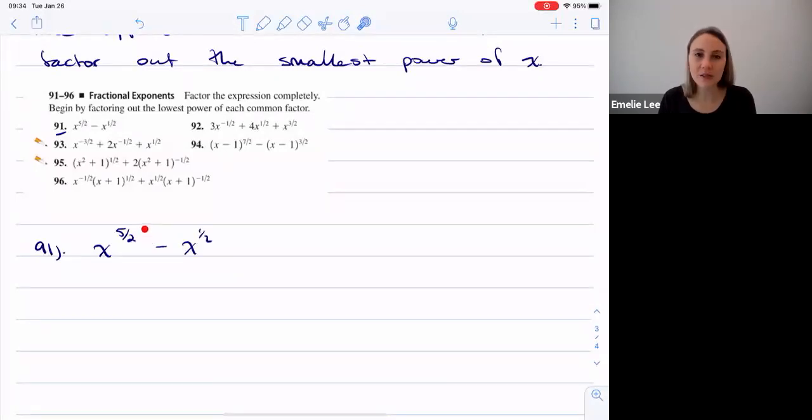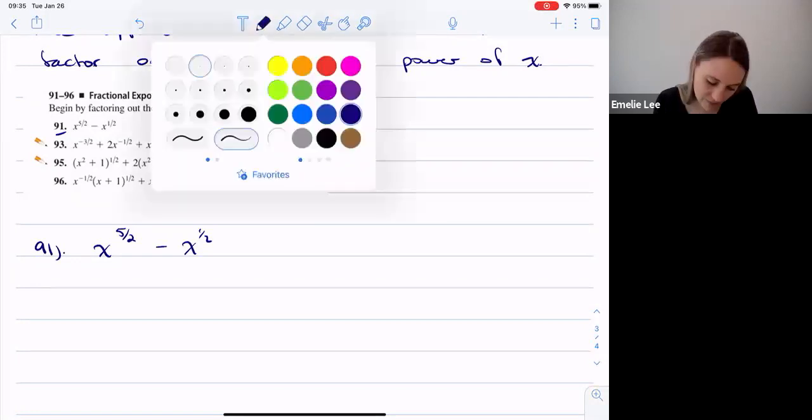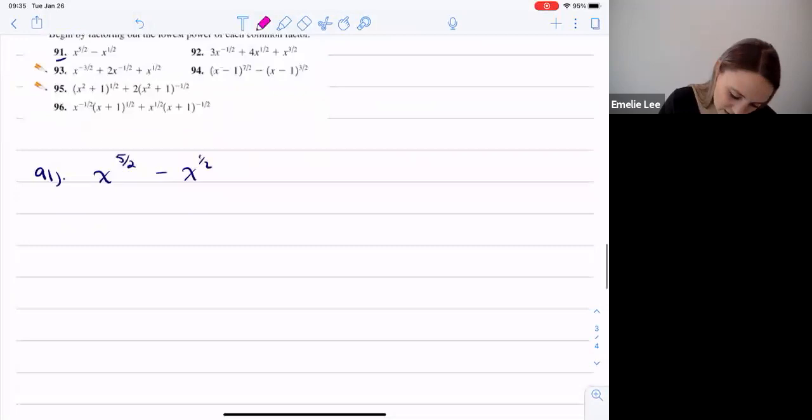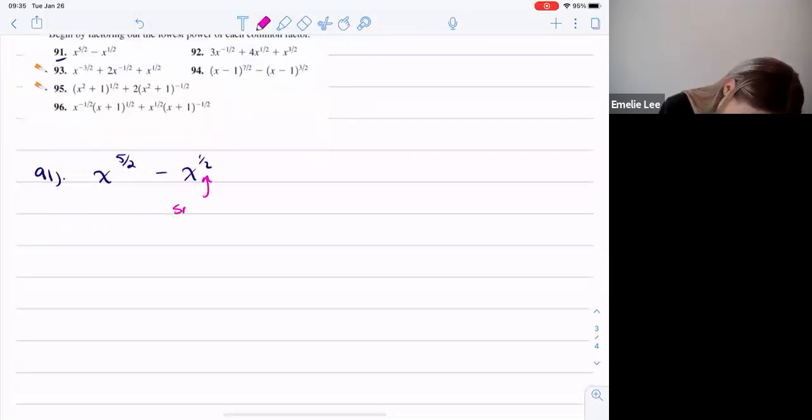But you need to figure out which one is smaller, 5/2 or 1/2, right? 1/2 is probably smaller, right? But if you had to check it, you can just use your calculator. So just go 5 divided by 2, that's 2.5. 1 divided by 2 we know is 1/2. So that's the smaller one. And so just convince yourself, this is the smallest power of x.